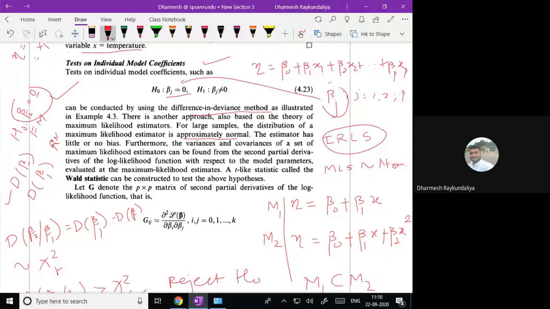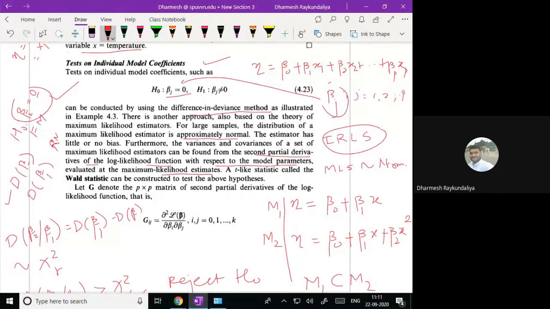Sometimes we say that the MLE estimators are biased, sometimes they may not be biased. If there is a bias, then the bias is little. Further, the variance and covariance of a set of maximum likelihood estimators can be found from the second derivatives of the log likelihood function with respect to the model parameters, evaluated at the maximum likelihood estimate.